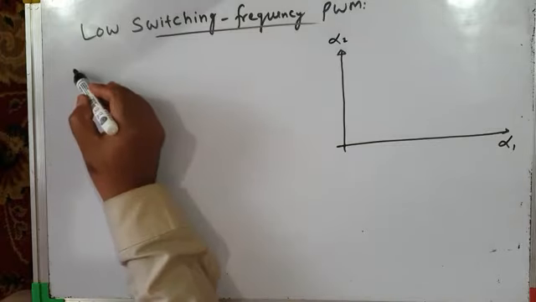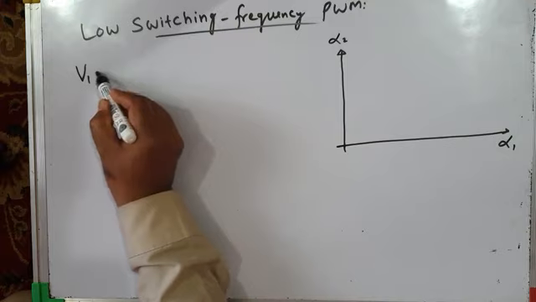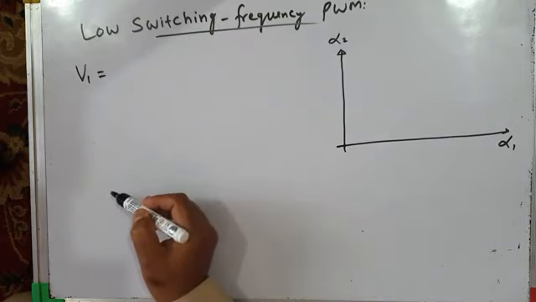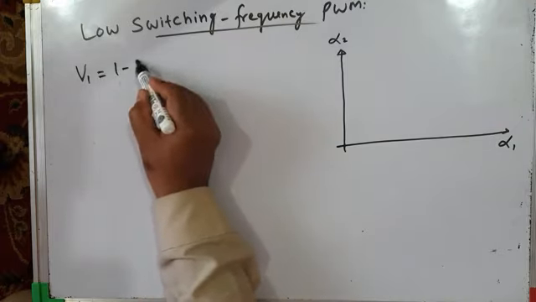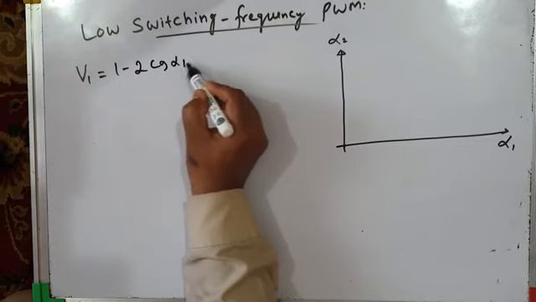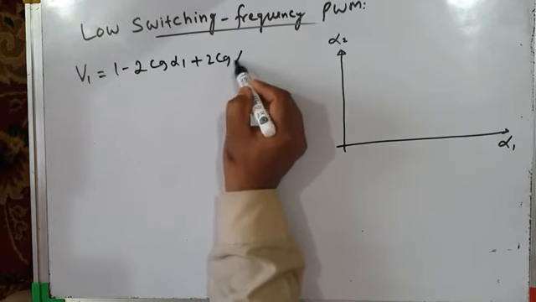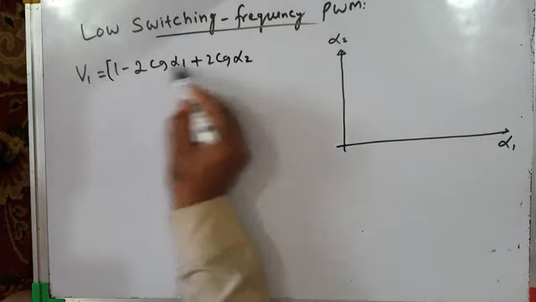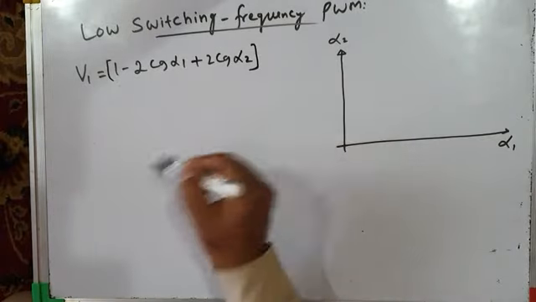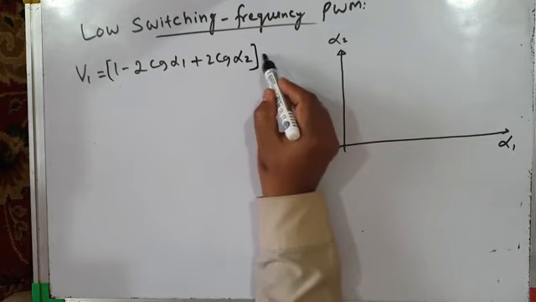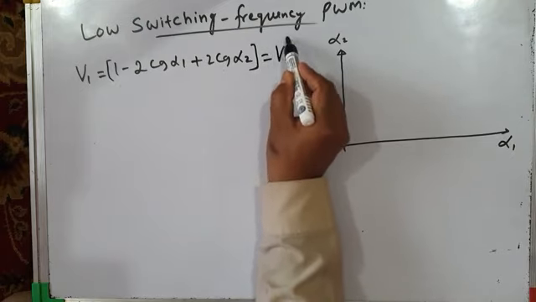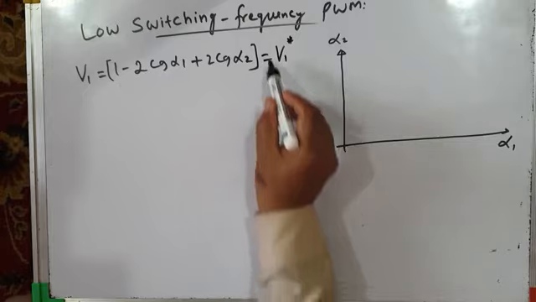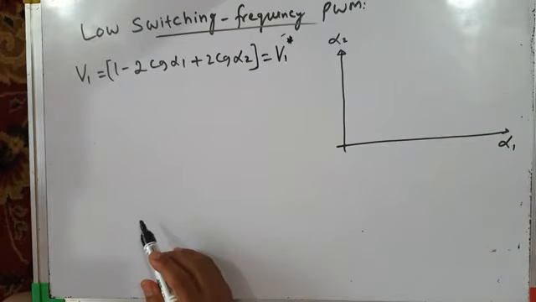And I have already told you that the fundamental component of inverter output voltage is given by this equation, 1 minus 2 cos alpha 1 plus 2 cos alpha 2. We have already derived it in one of the earlier lectures. Let us assume this fundamental component of voltage is V1 star. This is the desired fundamental component of voltage.